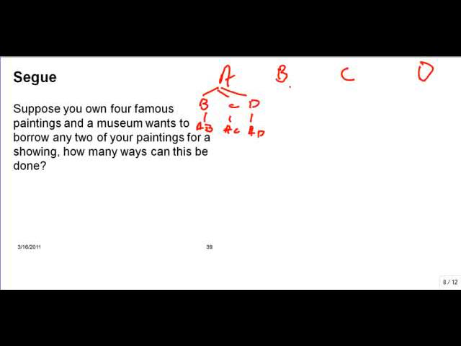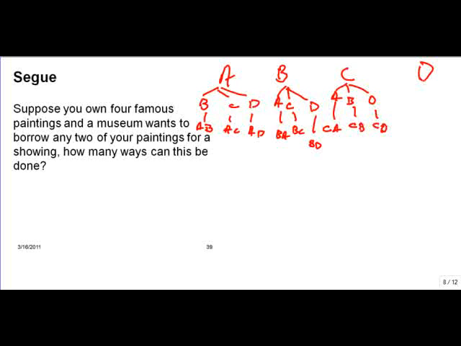If we went with picture B, then we have A, C, and D. So that means we have the arrangement BA, BC, BD. If I chose picture C first, then I have A, B, D. So that means I have the arrangement CA, CB, CD.